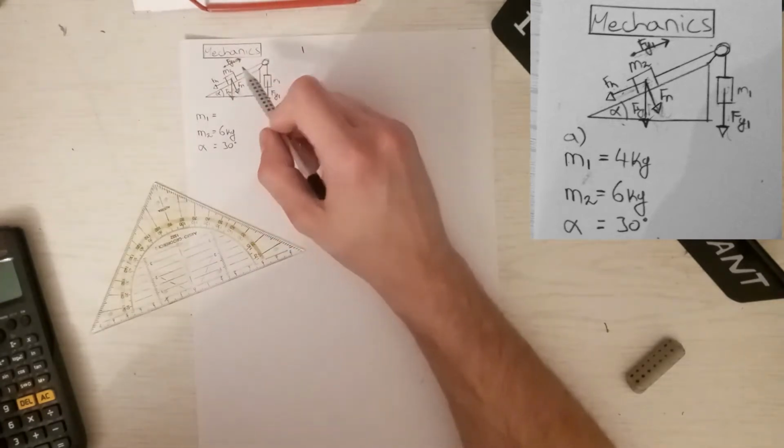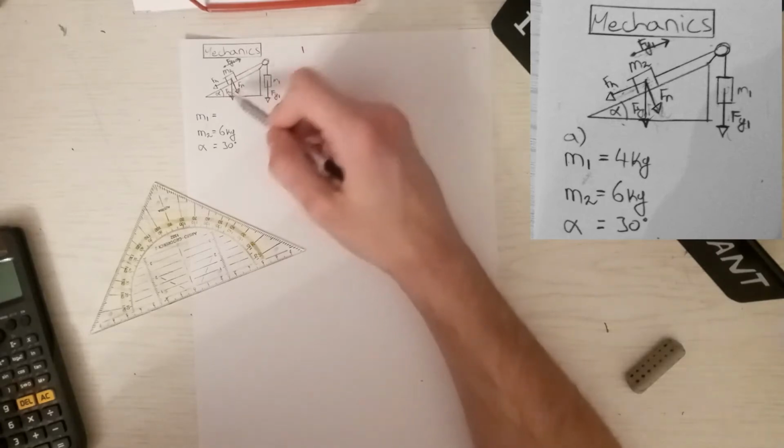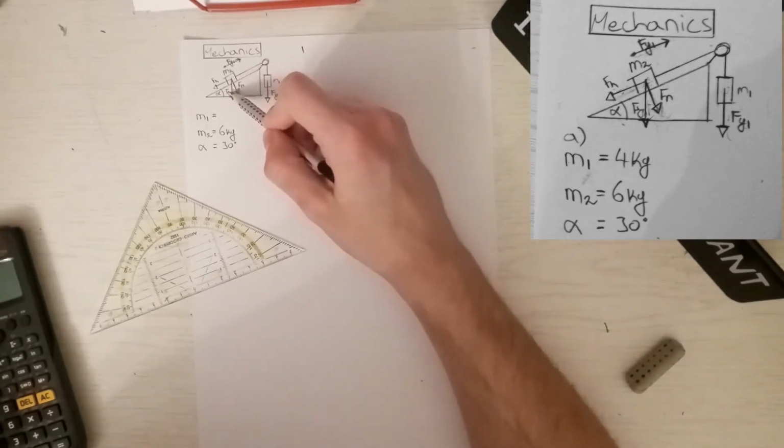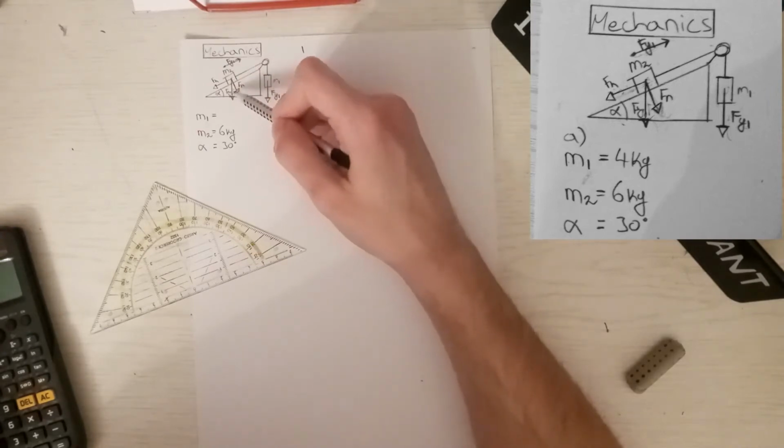Now at the same time, you also have the Fg2, that is the gravitational force of this mass pulling it to the ground.